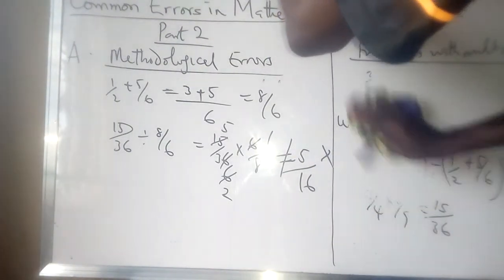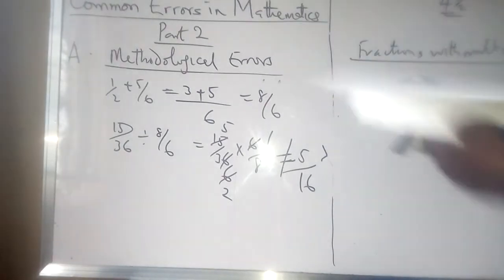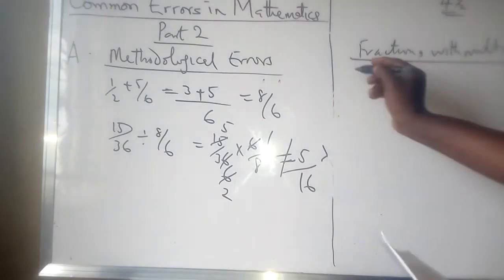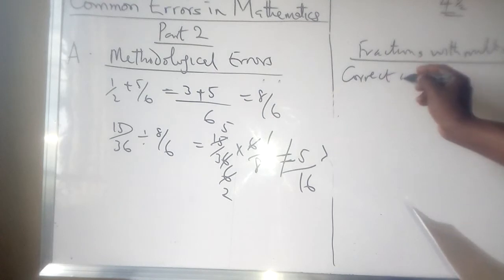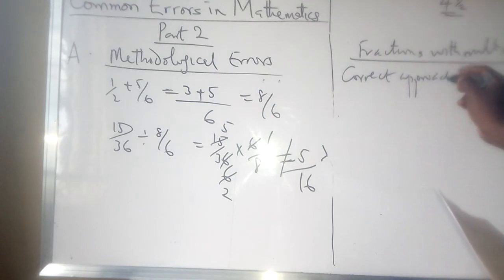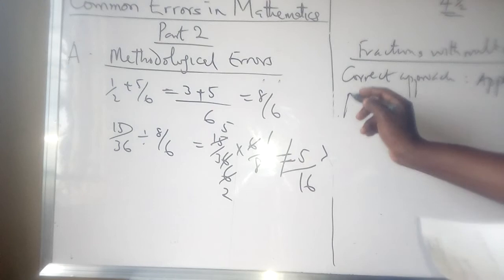Okay. So the approach here is we use BODMAS. The correct approach here is BODMAS. That's application of BODMAS. Application of BODMAS means what? Brackets, of, division, multiplication, addition, and subtraction. I hope you can remember that.